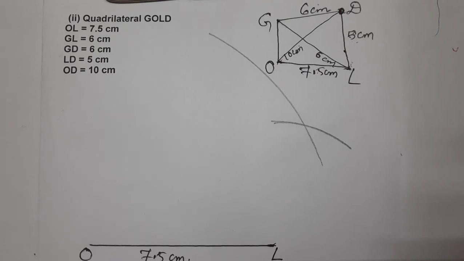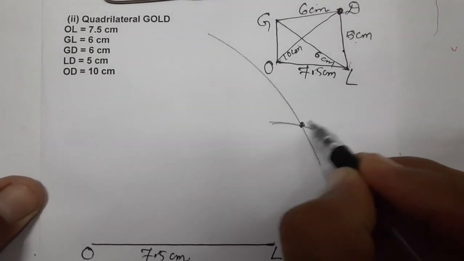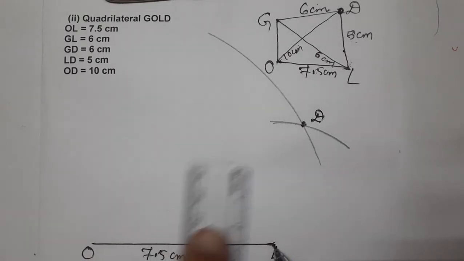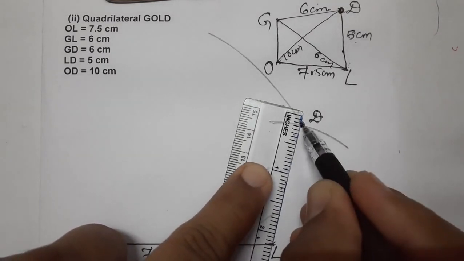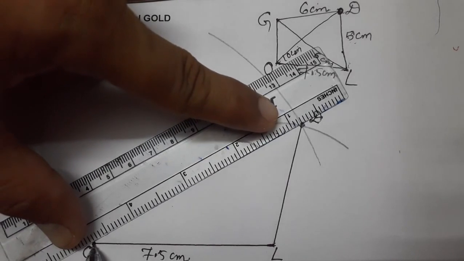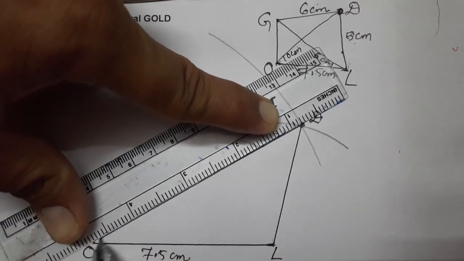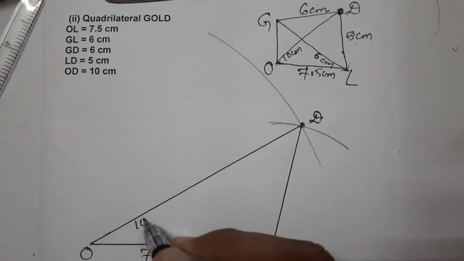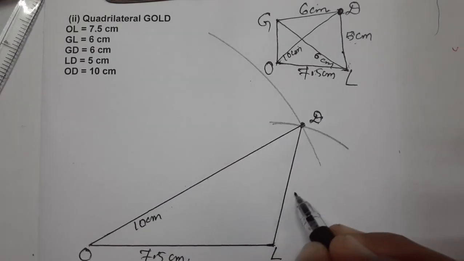So we'll get the point D. Now join L to D and O to D. Label it also. This is 10 centimeter. This is 5 centimeter.